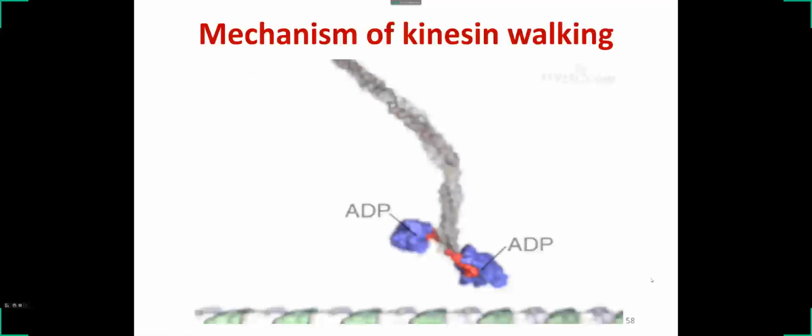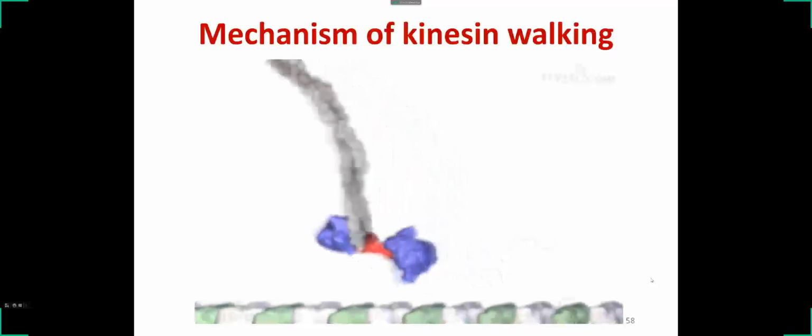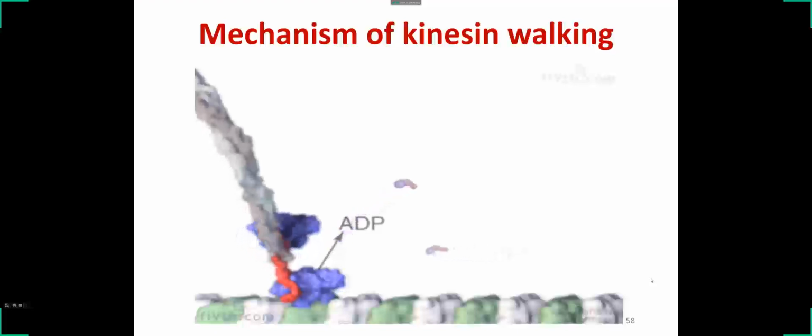In the cell, kinesins pull organelles along a microtubule track. The organelle attaches to the other end of the long frail coil that holds the two motor heads together. The organelle is not shown here. In solution, both kinesin heads contain tightly bound ATP and move randomly, driven by Brownian motion. When one of the two kinesin heads encounters a microtubule, it binds tightly. Microtubule binding causes ATP to be released from the attached head.